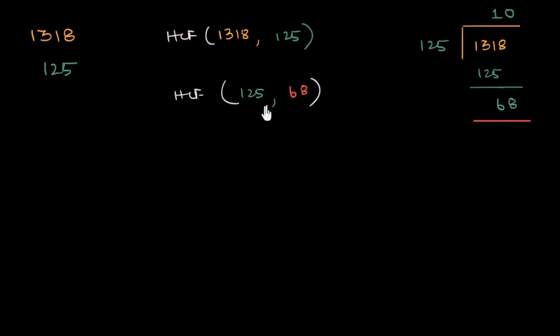Now I have to do this again, because it doesn't look like 125 is divisible by 68. For sure it's not. So let's do this again. To find the HCF of these two numbers, I'm going to take the smaller number and the remainder when I divide 125 by 68. It looks like 68 will just go once, because 68 into 2 is going to be 136.